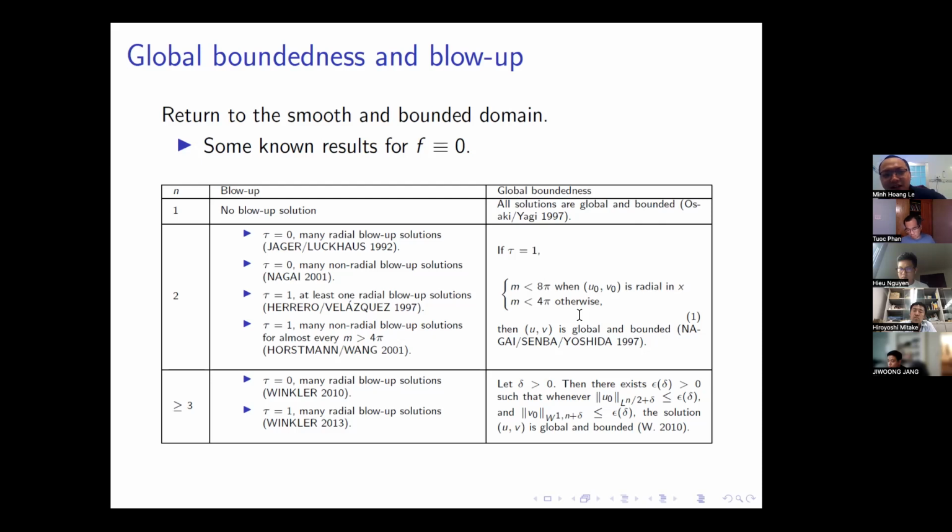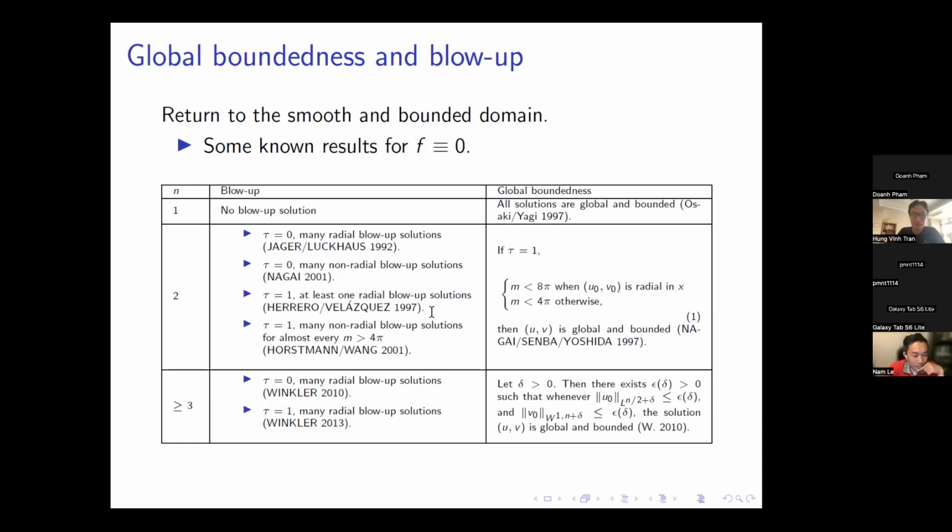They certainly have some number, but yeah. Until 2001, they found that the critical mass is bigger than 4 pi. For this paper, they haven't done that. So I am not sure whether they have shown any critical mass in the paper in 1997.